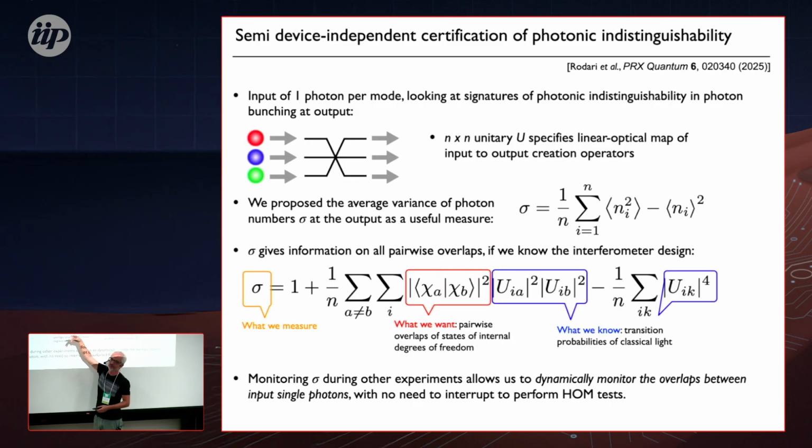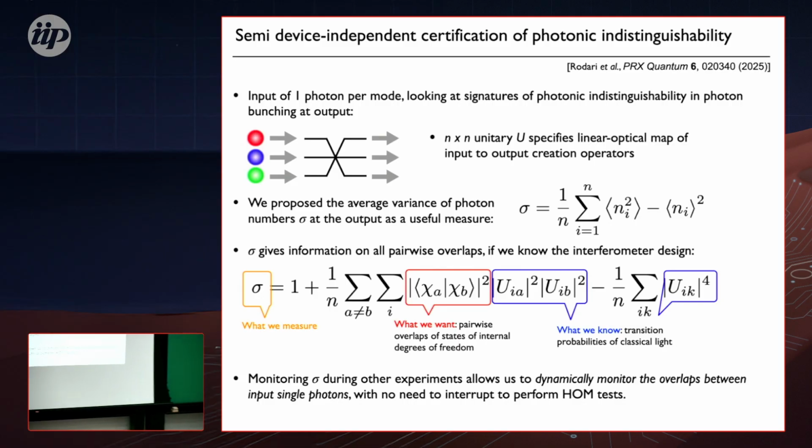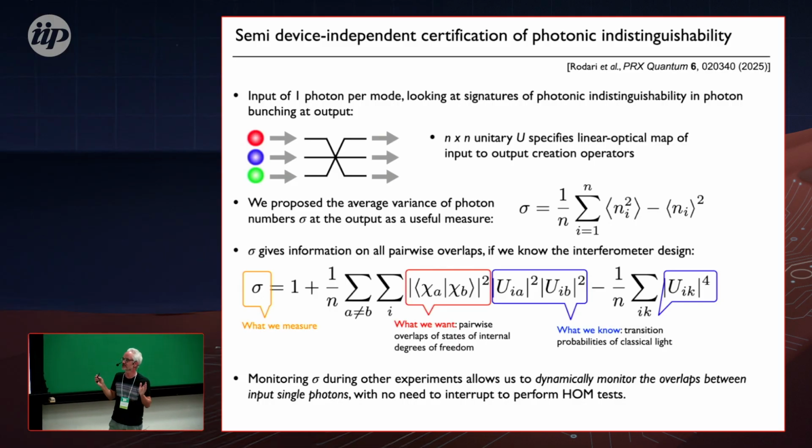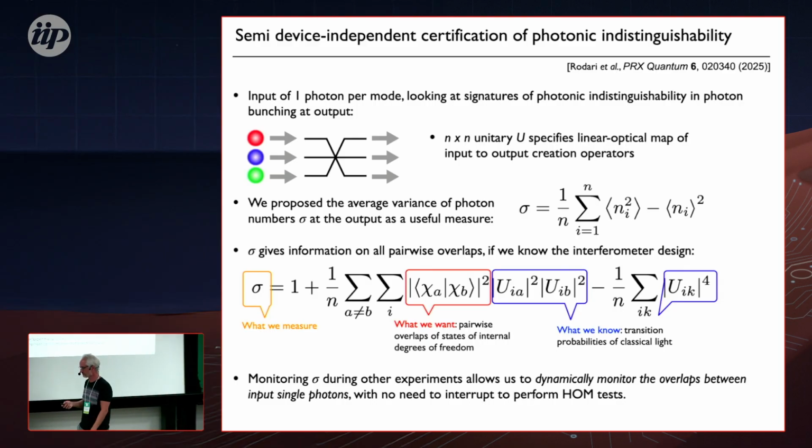Because if you do, like, for 3 photons, you can do 3 different interferometers, invert these equations, and find the overlaps, see? So you can monitor the overlaps while you're doing something else. You don't have to stop and say, okay, let's do Hong-Ou-Mandel again to see if the source is okay. You're actually tracking what the source is doing while you're doing general interferometers, okay? So that's an interesting thing to do and to know.